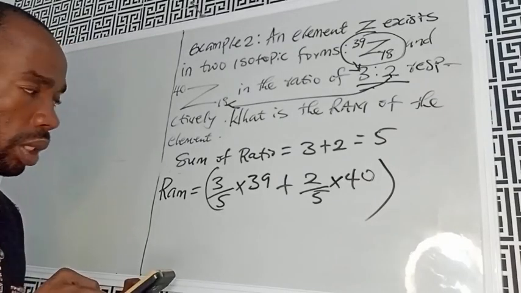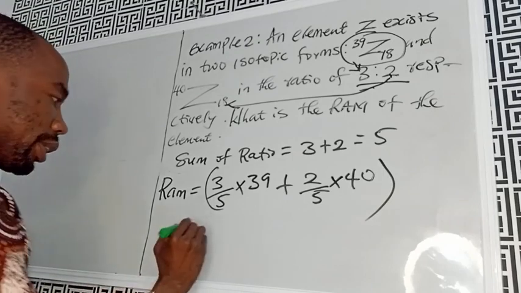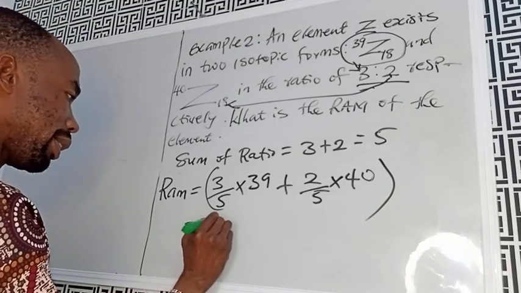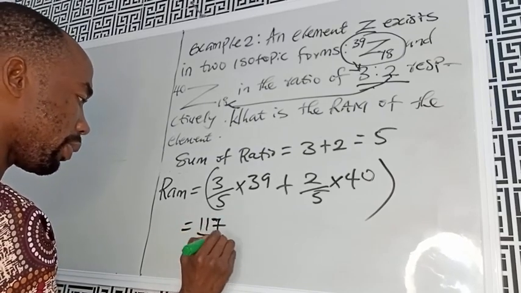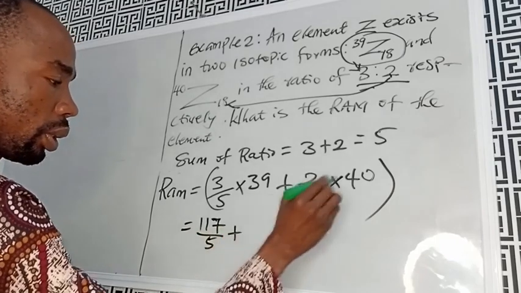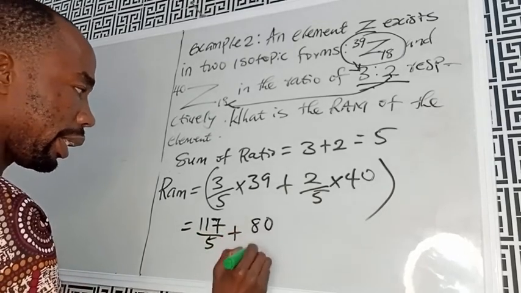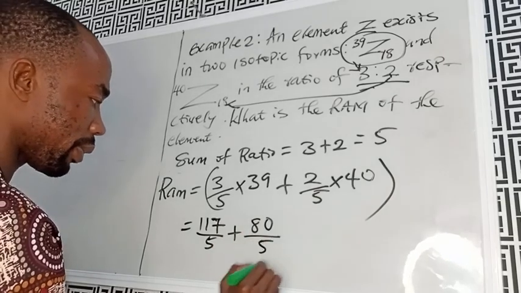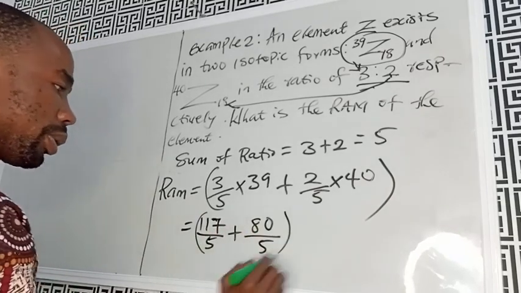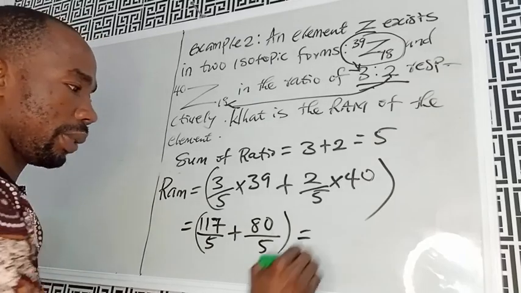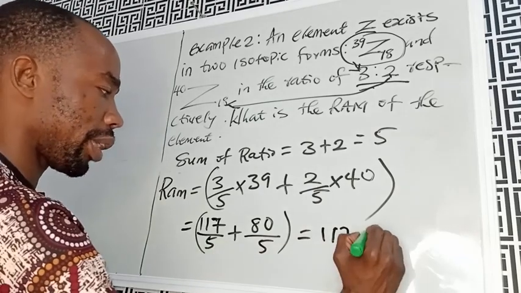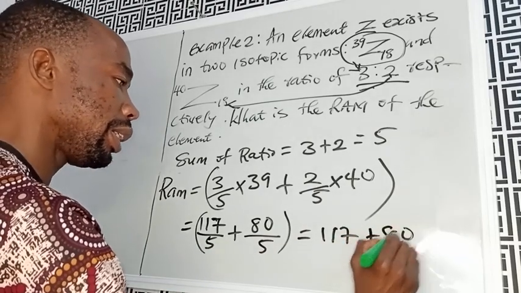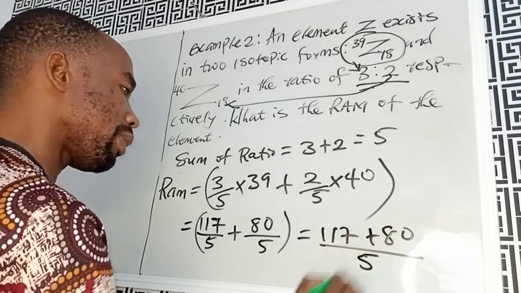So we solve this: 3 times 39 gives us 117, all over 5, plus 2 times 40, which is 80, over 5. Since they have the same denominator, it is 117 plus 80 all over 5.